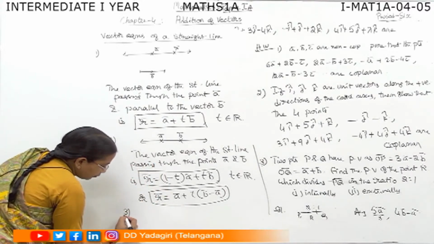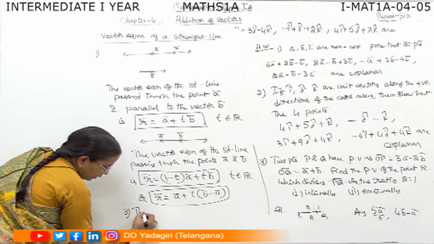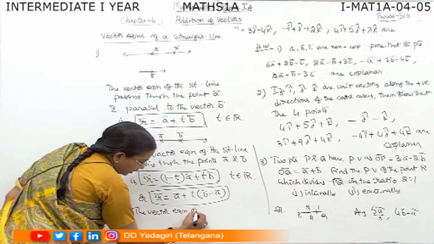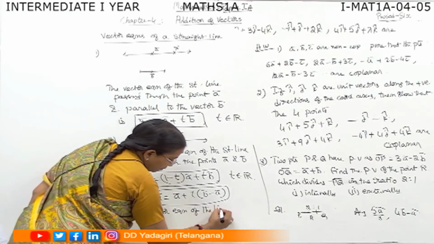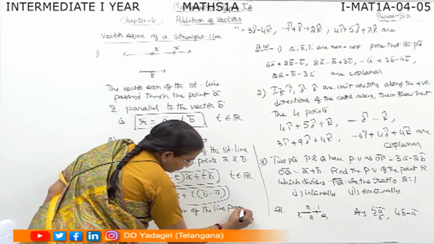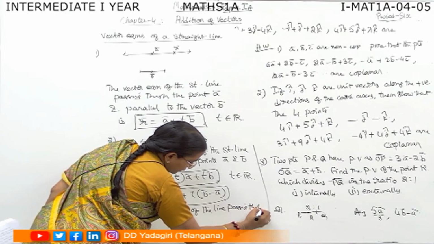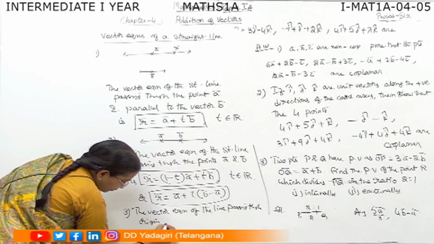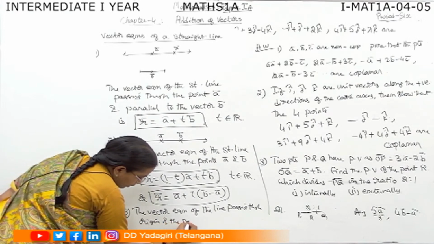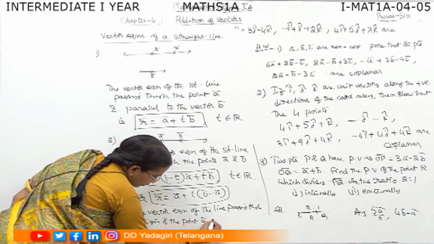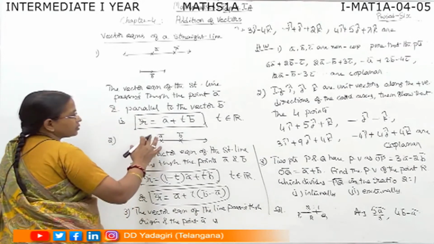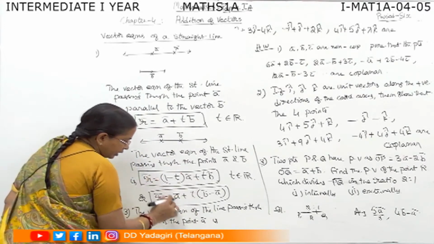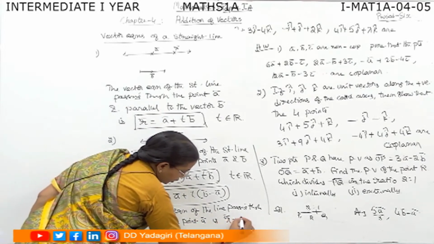Now suppose that one point is the origin. The vector equation of the line passing through the origin and the point A: if one point is the origin, then this term becomes 0, so the equation becomes r equal to tb.